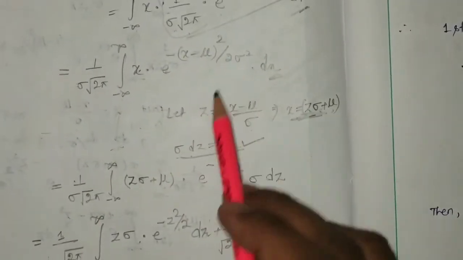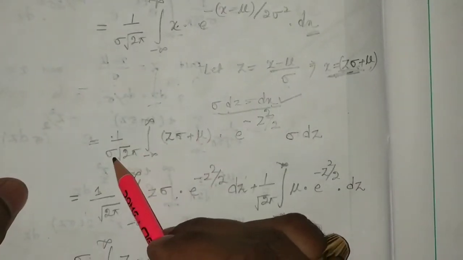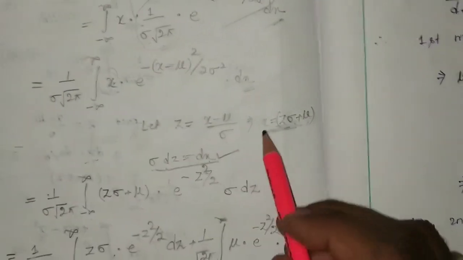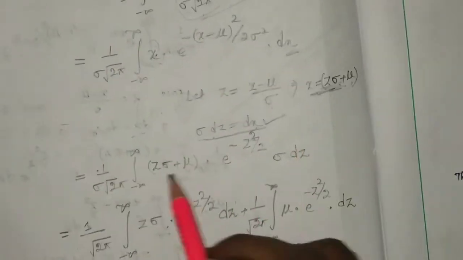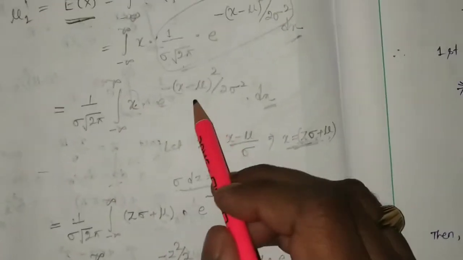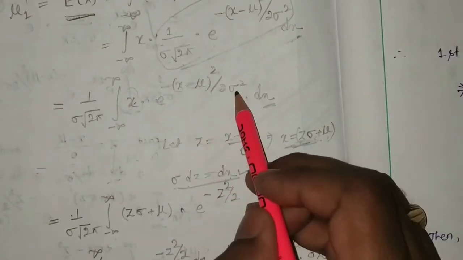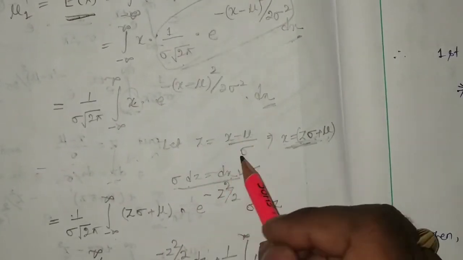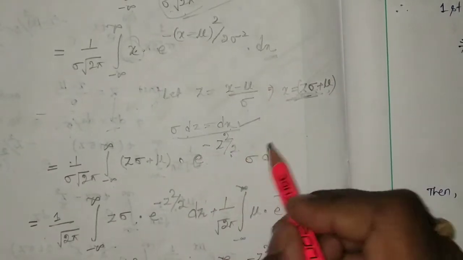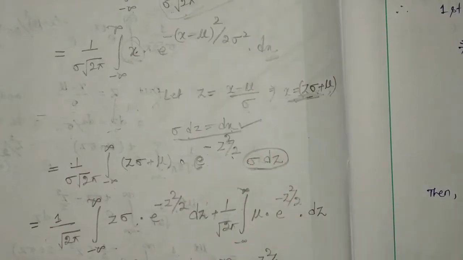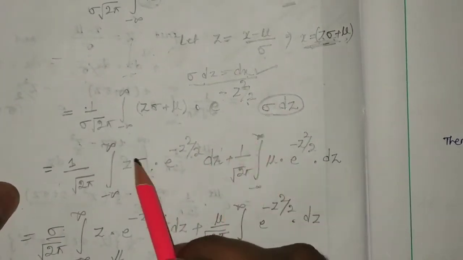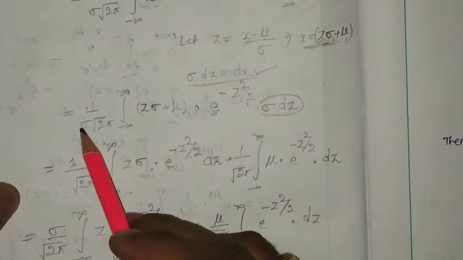Okay, so what we are going to get: 1 by sigma root 2 pi, minus infinity to plus infinity, instead of x we can put z sigma plus mu, into e to the power, this is (x minus mu) by sigma considered as z, right? So it will obviously be e to the power minus z square by 2, into dx, which is nothing but sigma into dz, right? So here you can see that the sigma and this 1 by sigma got cancelled.